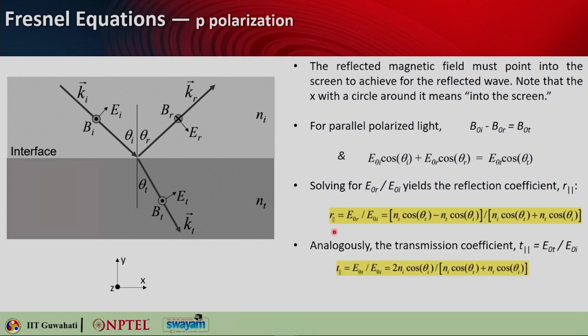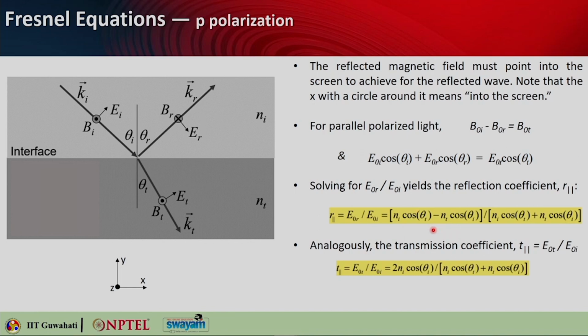And then when you take the ratio of E0R over E0I, you will get Ni cos theta t minus Nt cos theta i over Ni cos theta t plus Nt cos theta i. Okay, so they look similar but they are not the same.